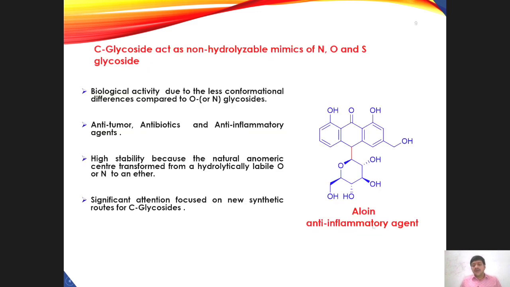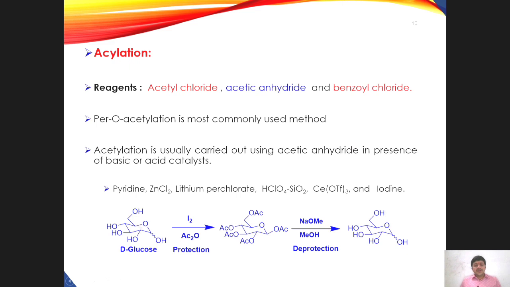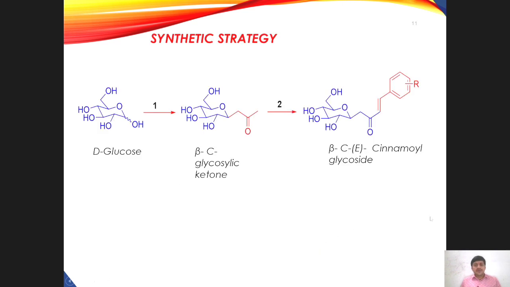Here is one of the anti-inflammatory agents. It is also a kind of complex molecule. Here is one example of acetylation of D-glucose, protection followed by deprotection. Synthesis of cinnamoyl glycosides from D-glucose.